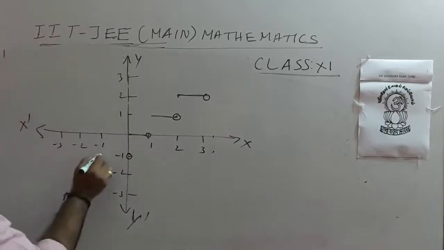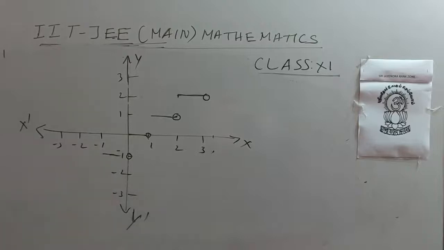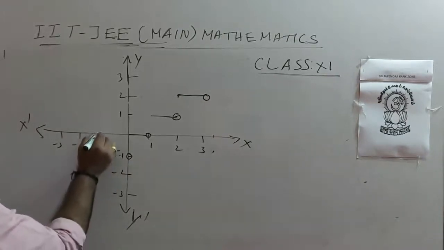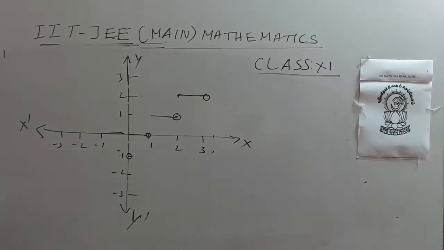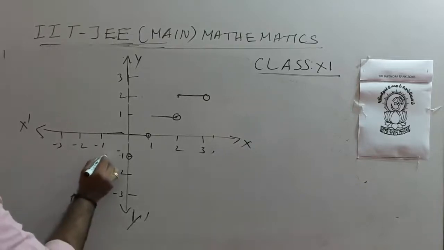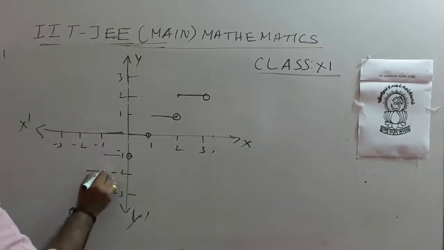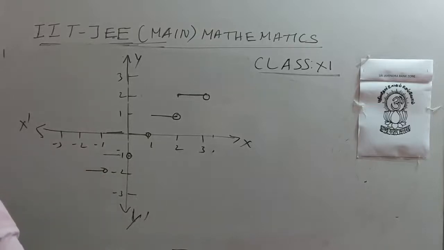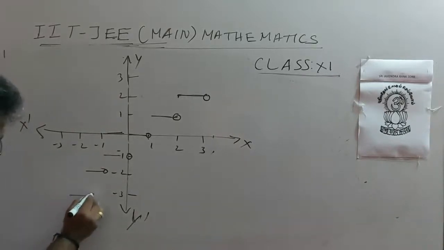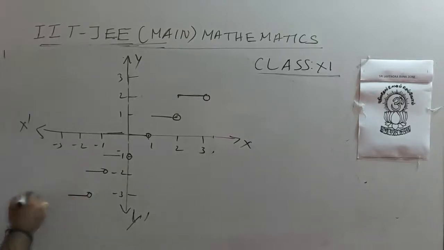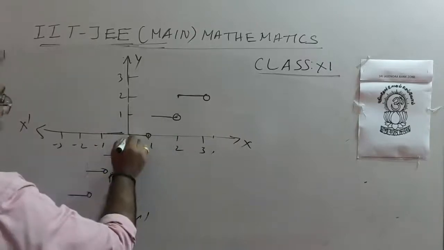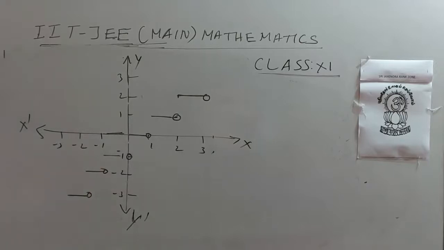You take minus 1, take minus 2. So like steps, the graph will be like steps. So this is also known as the step function.